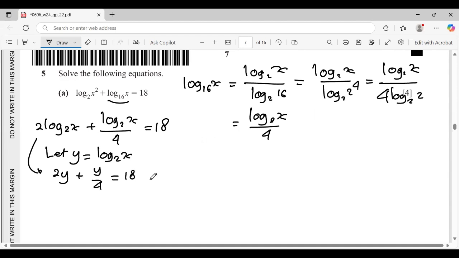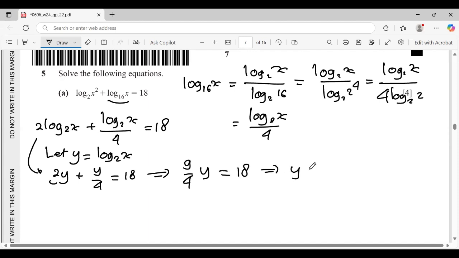And after that, this is 2y, this is 1/4 y, so 1/4 plus 2 is 9/4 y, because 4 times 2 is 8 plus 1 is 9, equals 18.